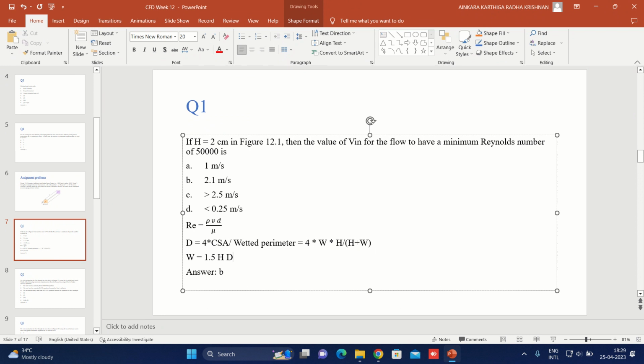Therefore D is equal to 4 times width into h, that is 1.5 h square, divided by 1.5 h plus h, that is 2.5.